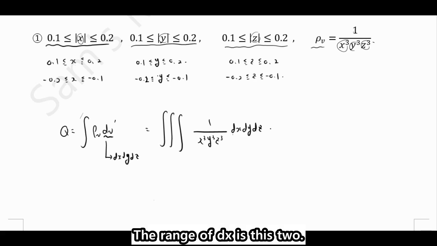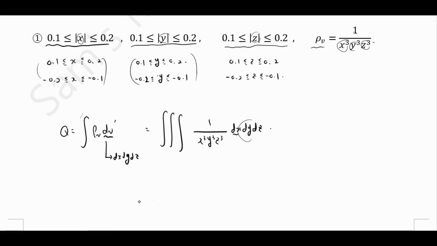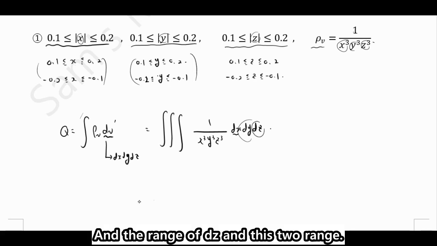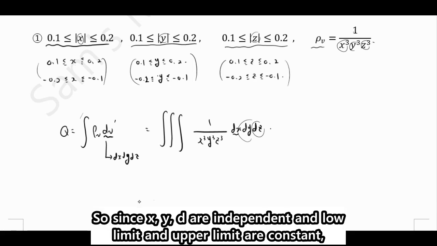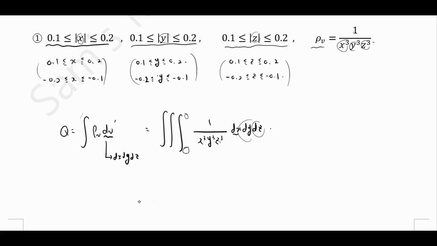The ranges of x, y and z are these ranges. Since x, y, z are independent and the lower and upper limits are constant, we can separate this integration like this.